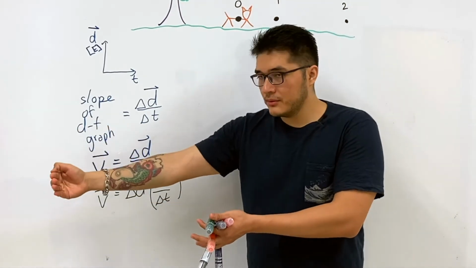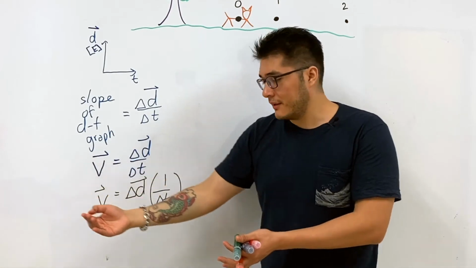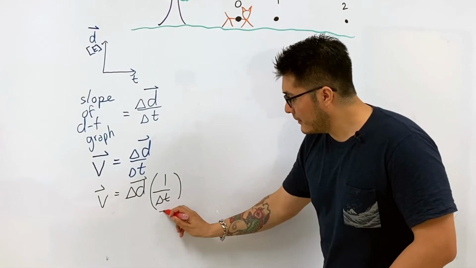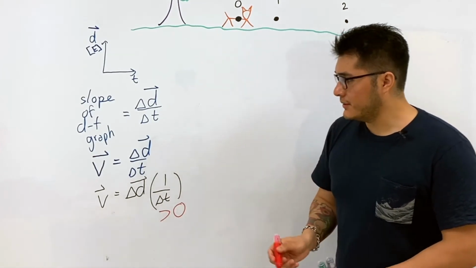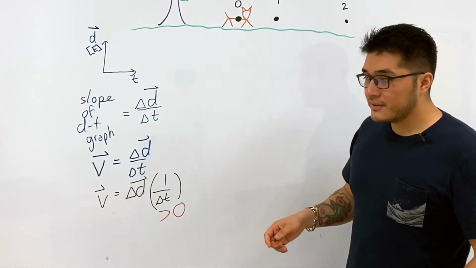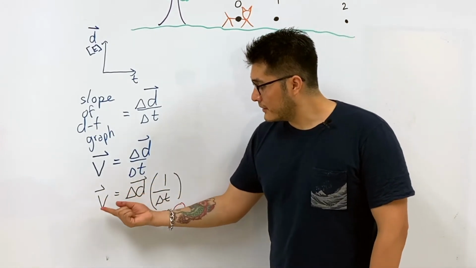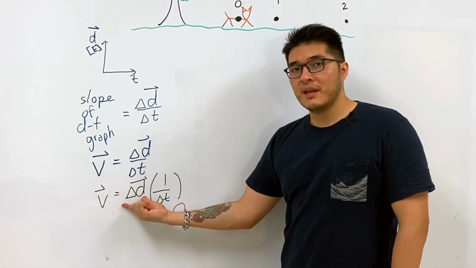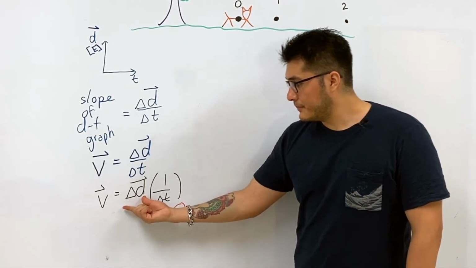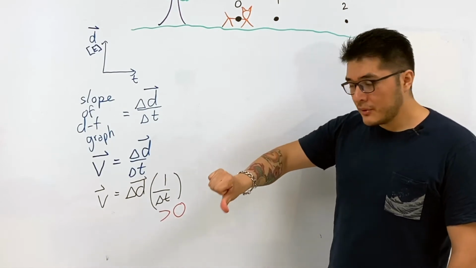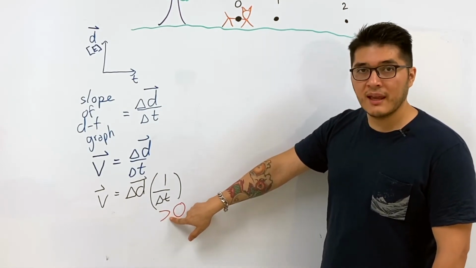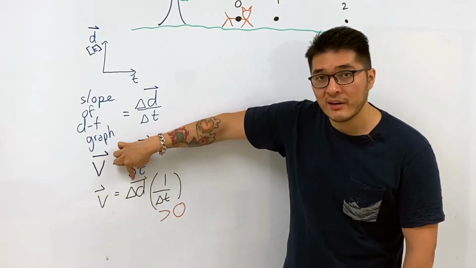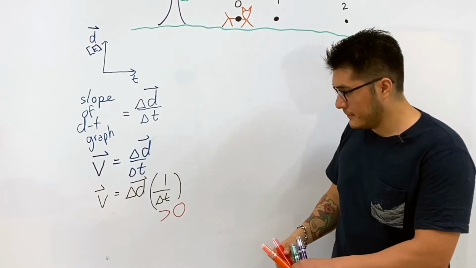And after 2 seconds, the change in time is another 1 second. So this is always greater than 0. That means our velocity vectors are going to be in the same direction as the displacement vector. They would be in the opposite direction if this was a negative number, but since it's always positive, these two are always going to be parallel and in the same direction.